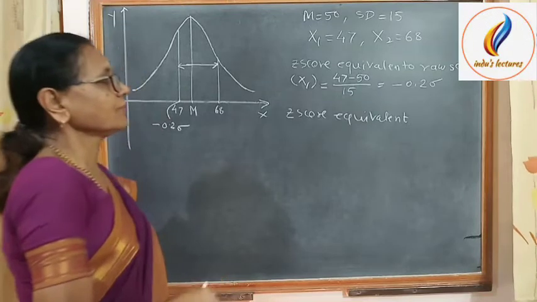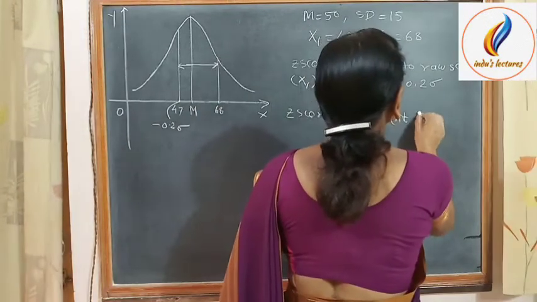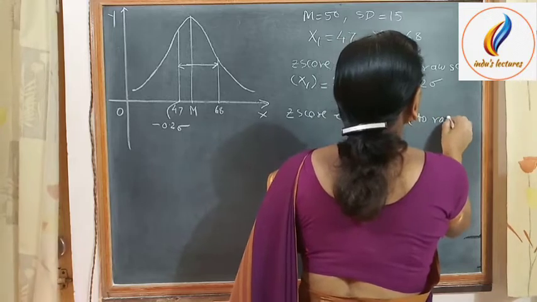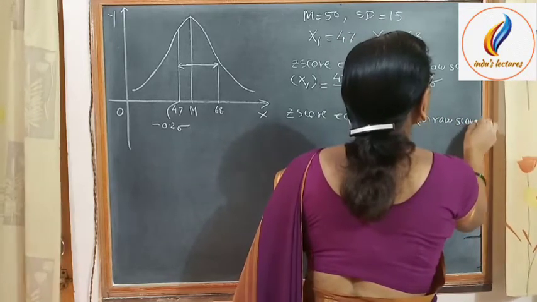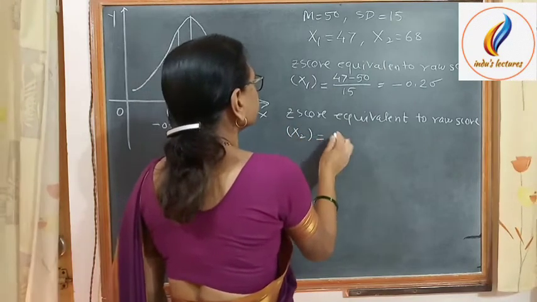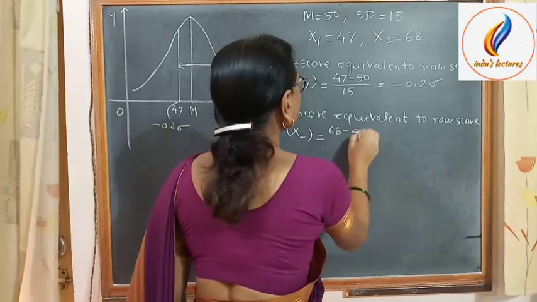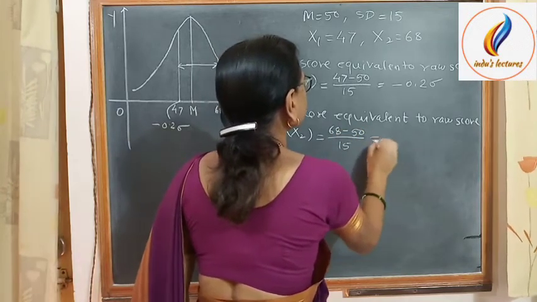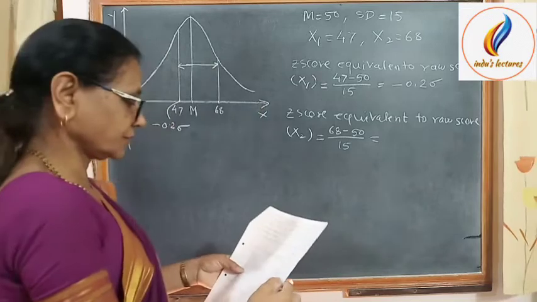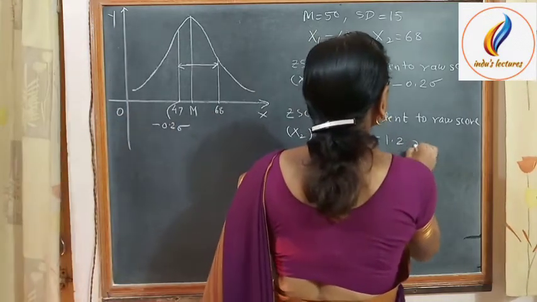And again we find the z score for the raw score 68. Z score equivalent to the raw score x2 is equal to 68 minus 50 upon 15, and its value is 1.2 sigma.